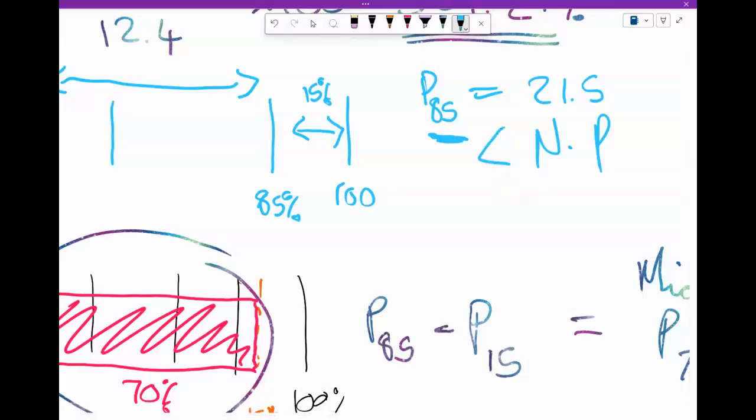So that means that the top 15% is either equal to or greater than. Okay, I think I shouldn't do that because I'll create confusion. But greater than, more than, equal to or more than. In mathematics, actually, it would be like so, if we want to go there. Okay.